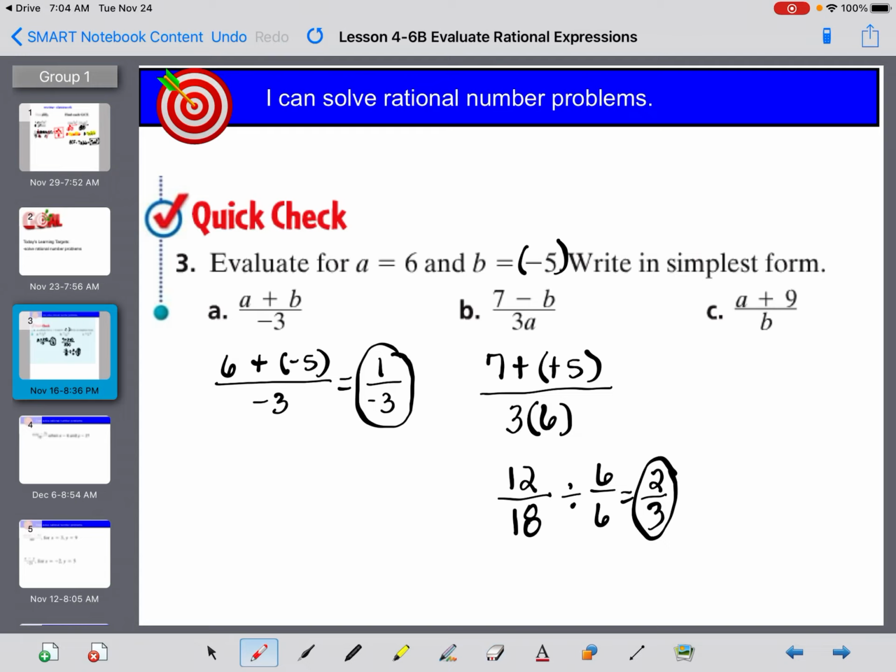All right, one last one we're going to try is 6 plus 9 all over -5. When I reduce the numerator, 6 plus 9, or simplify it, I should say, I get 15 over -5. 15 divided by -5 is -3.